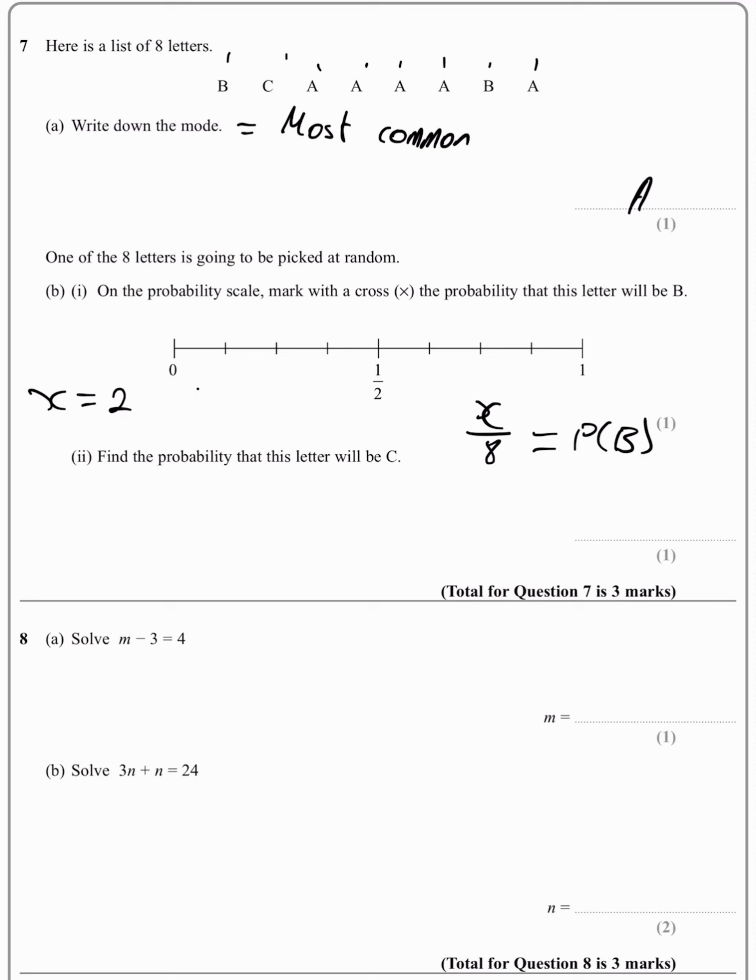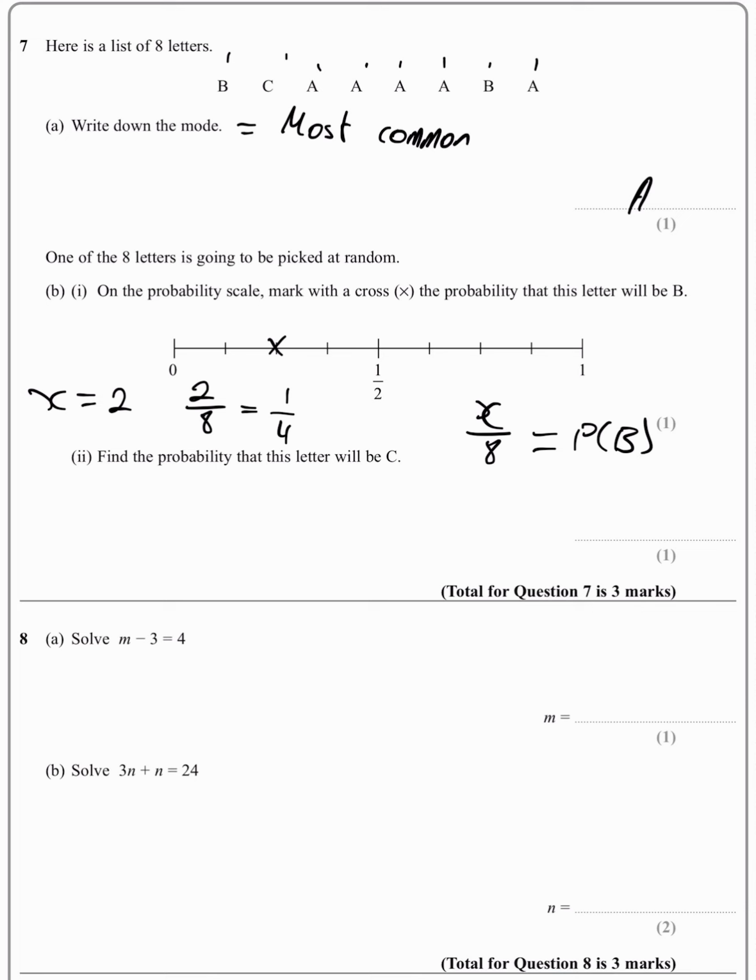And since X is 2, the probability of B will be 2 over 8, which would be 1 over 4. And since 1 over 4 is half of 1 over 2, it is going to be exactly between 0 and a half. So the probability of B will be here.